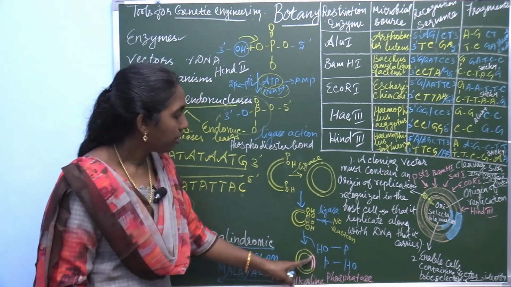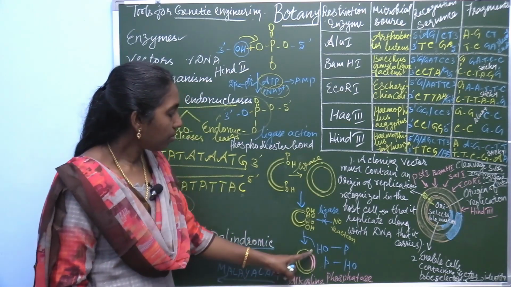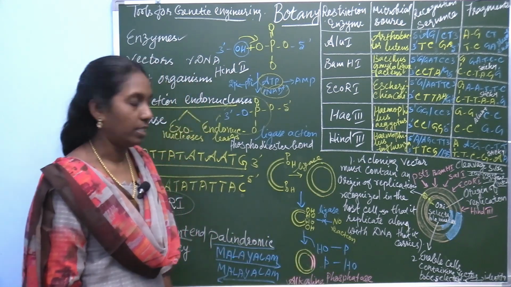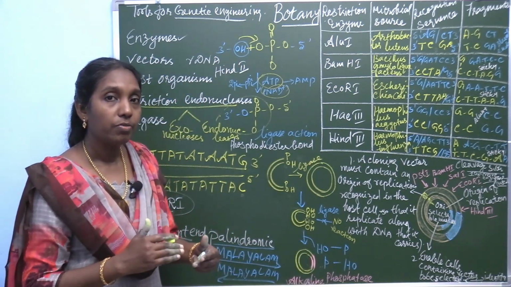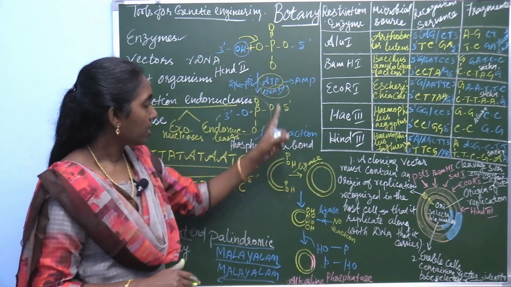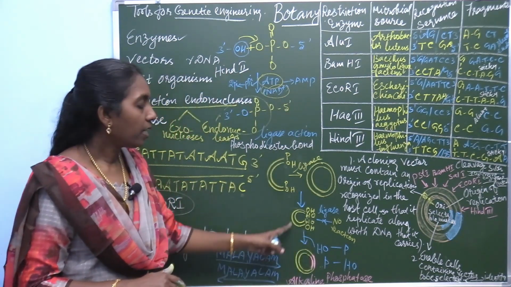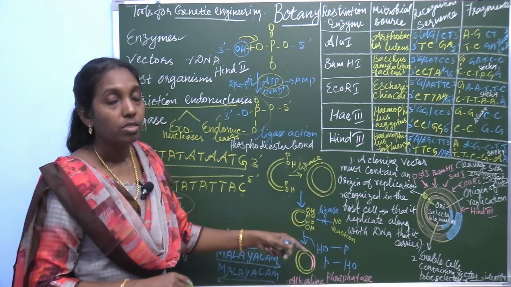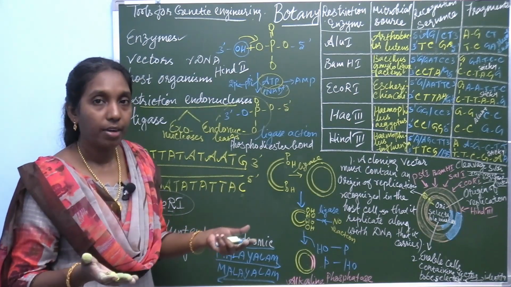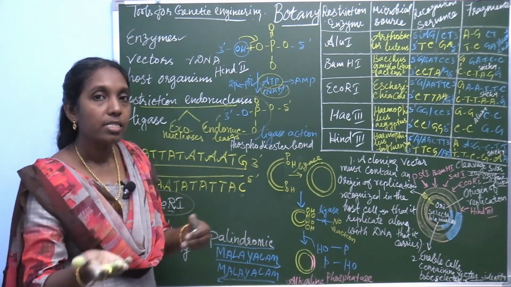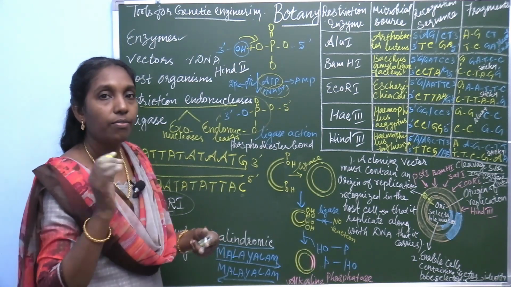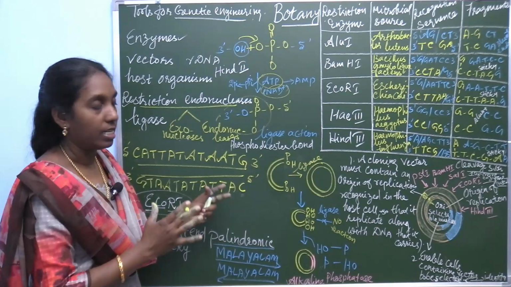So here it joins. This is the action of ligase enzyme. Here is the alkaline phosphatase enzyme. What's the role? It's the modifier enzyme. Either it adds or removes at the 5' phosphate terminals.